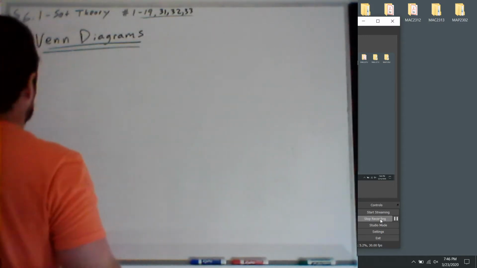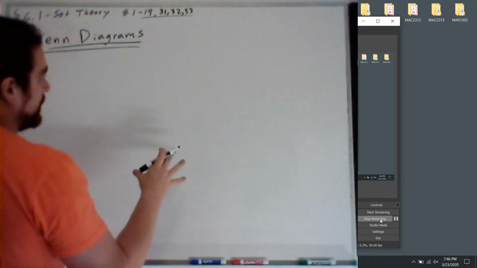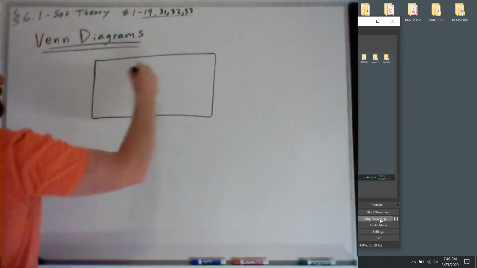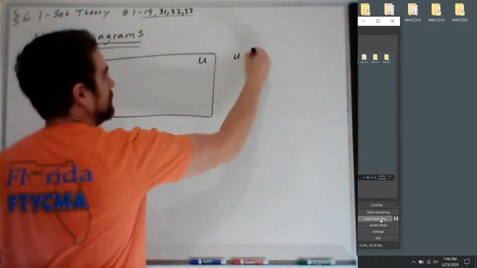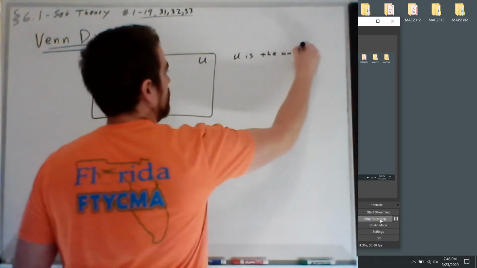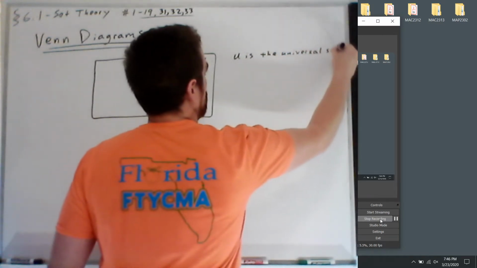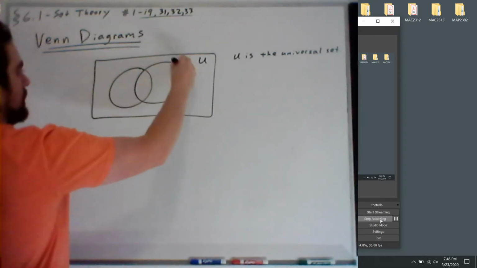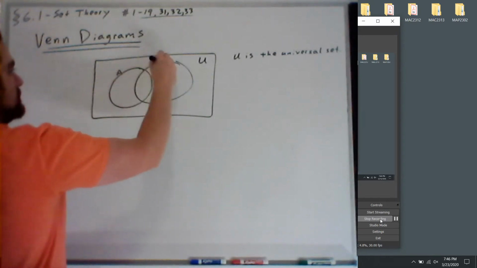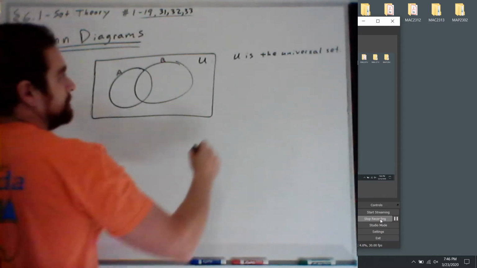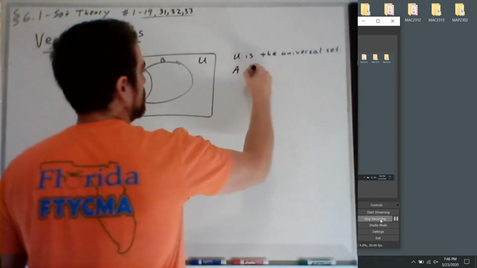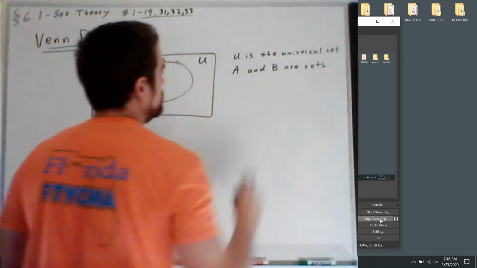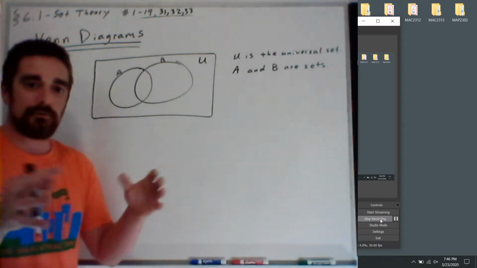So when we write these diagrams out, we usually like to pick a universal set and then we can draw our sets inside. Maybe this is set A and this is set B. But the universal set just kind of gives us a region to play within.